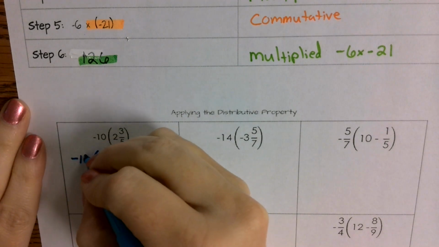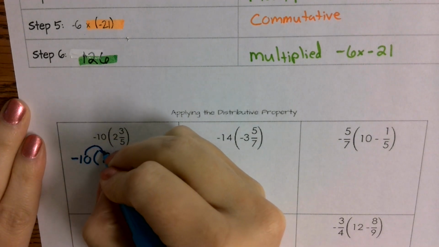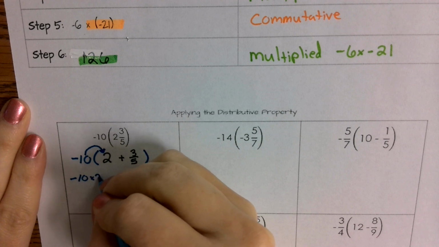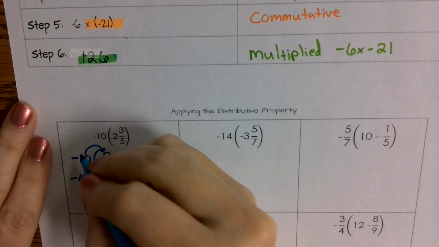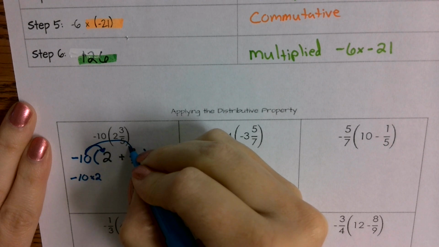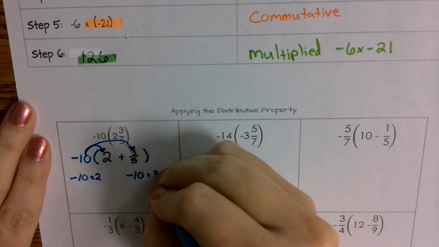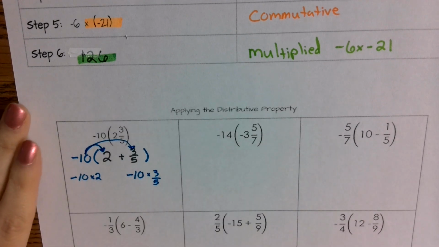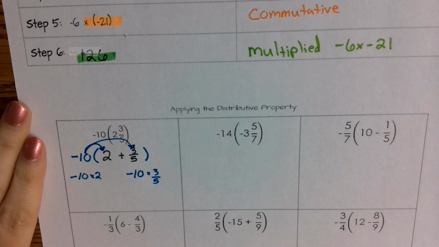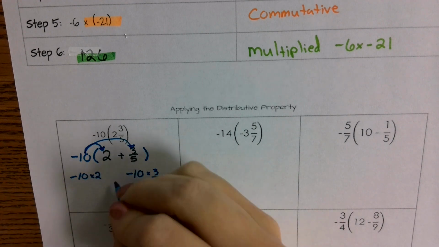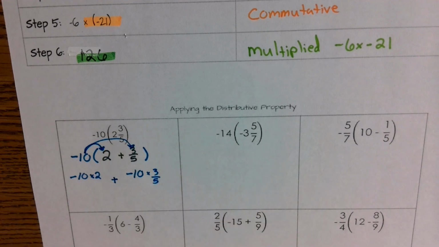So we are multiplying negative 10 times 2, and then we are also multiplying negative 10 times 3/5. Okay, so that's not so hard to do. And we'll put our plus sign in between.